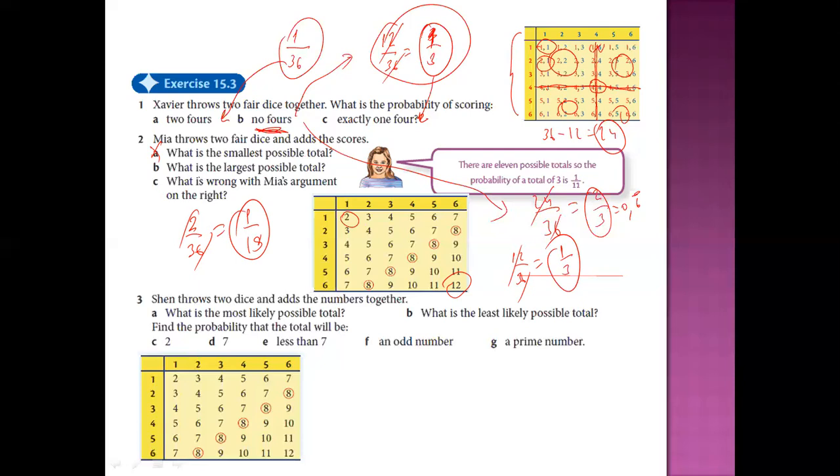And the last one: what is wrong with Mia's argument on the right? What did she say? Let's read it.